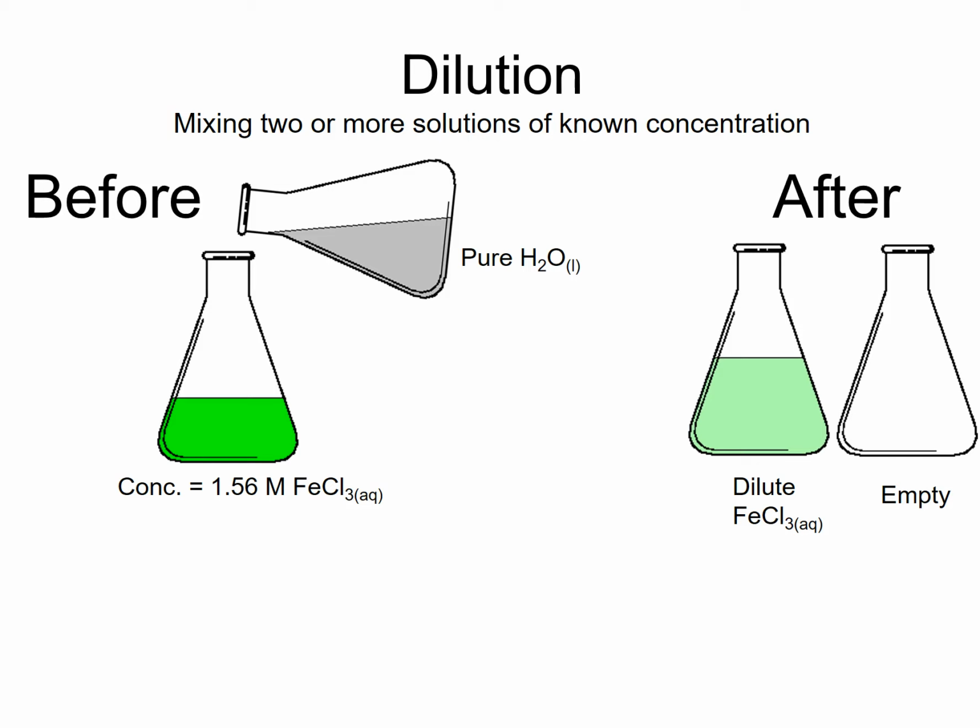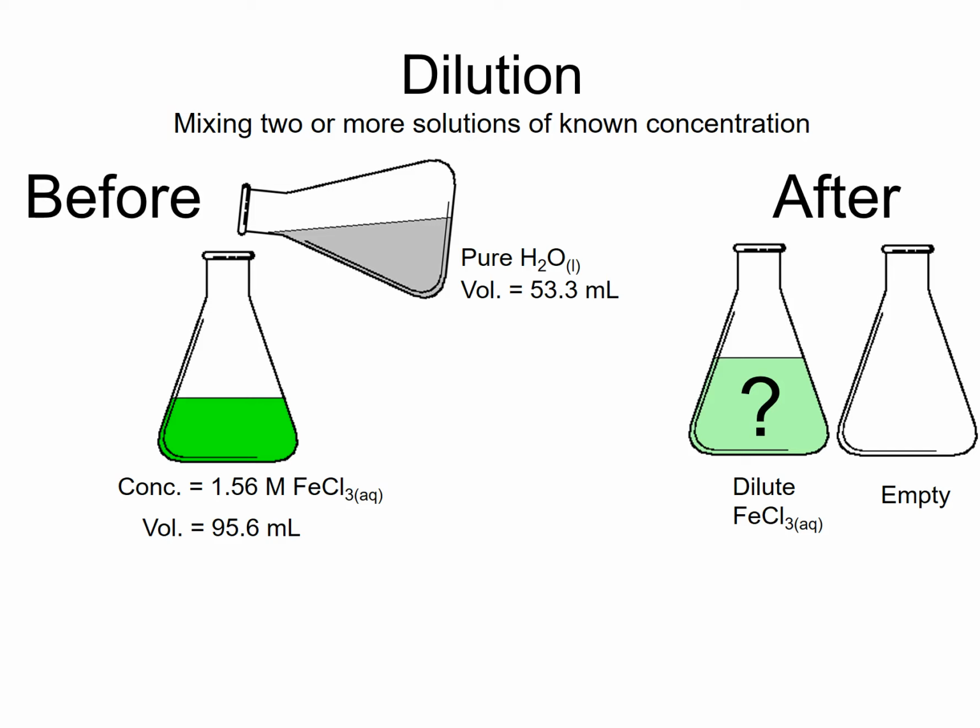We are going to work with this example in more detail, and to demonstrate this, what we're going to need is some additional information. In addition to knowing the concentration of the original solution, we also have been provided information about its volume. There are 95.6 milliliters of original iron chloride solution whose concentration is 1.56 molar.